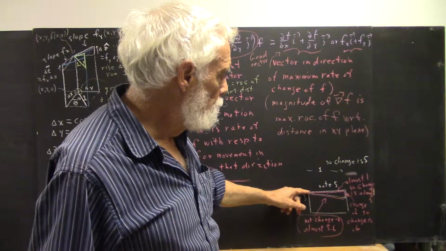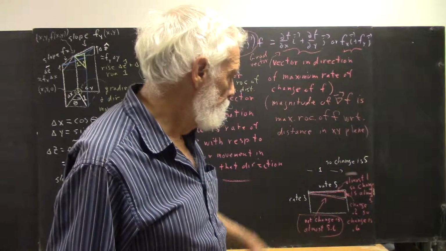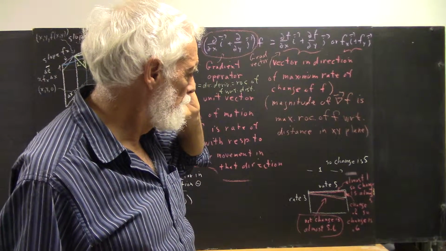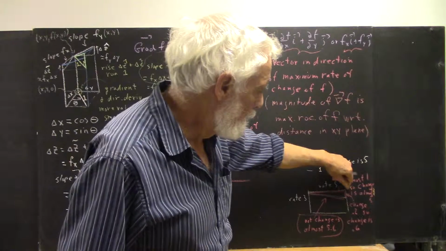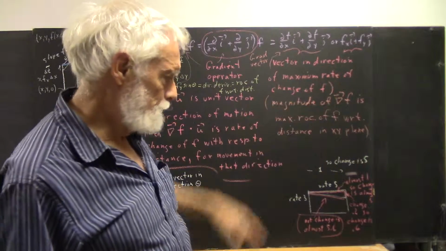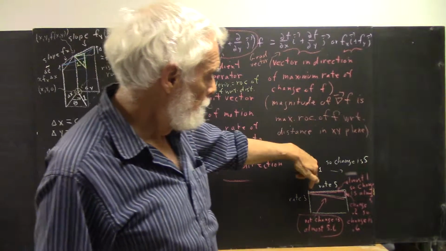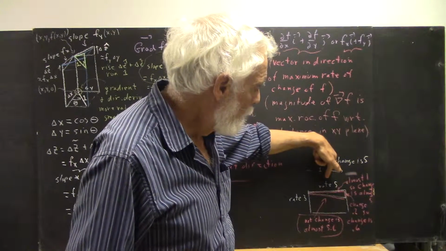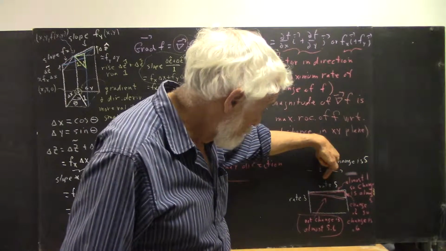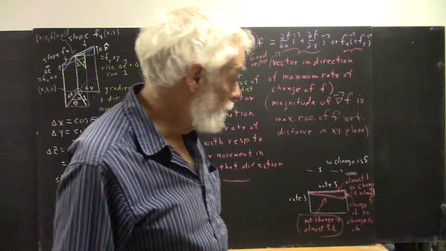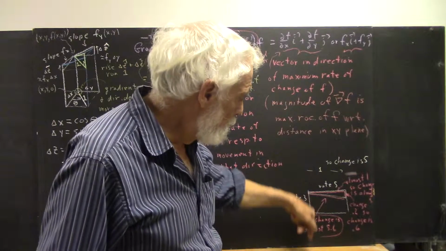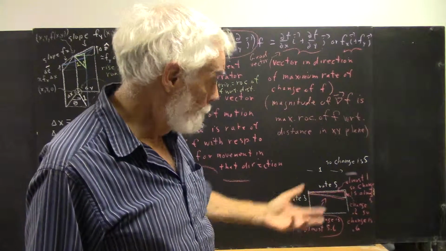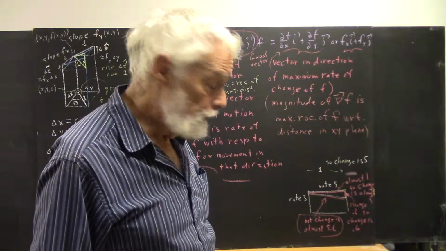Now, if I move from this direction, assuming that I'm using a distance of 1, remembering how I explained this, if I move a distance of 1 in this direction, then my y is going to change by, well, if the rate is 5, it's going to change by 5. If I move a unit in this direction, where the rate is 3, then the change is only going to be 3. So this change is going to be bigger than this change.